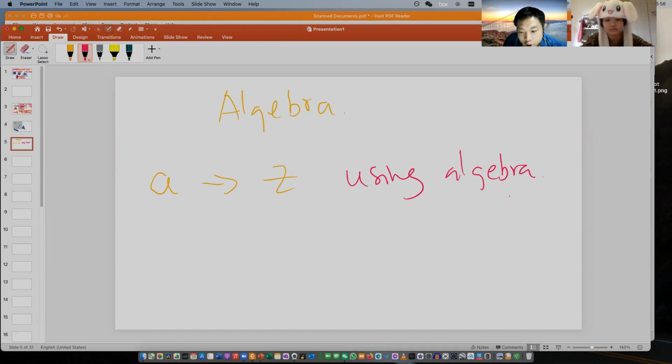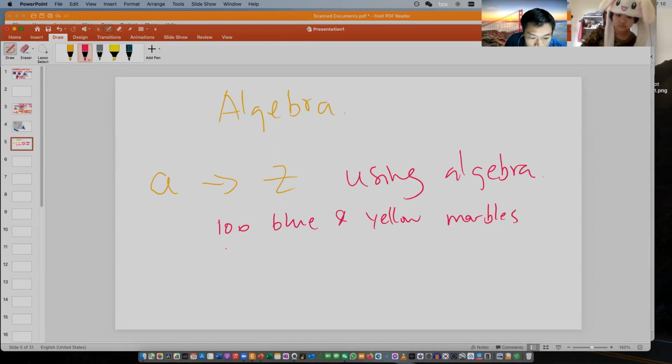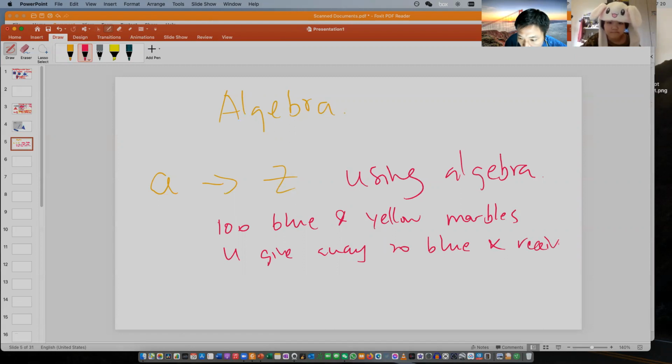Okay, so questions like, let's say we have 100 blue and yellow marbles to start with, and then after that, you give away 20 blue and receive 10 yellow.